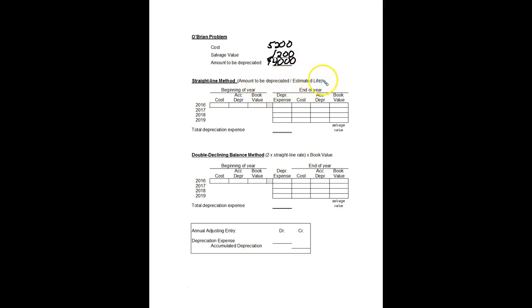Now, I also need to tell you that we are going to estimate the life of this copy machine to be 4 years. Now, that doesn't mean that's how long we think it will exist. That's the estimated useful life. So let's be specific here. In this particular problem, I see I didn't really specify that when I wrote out the exercise.